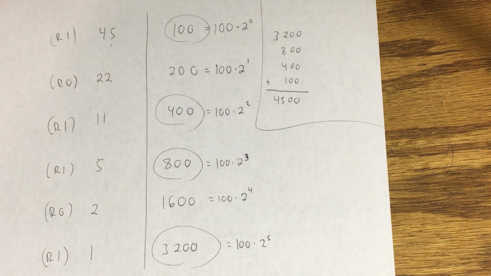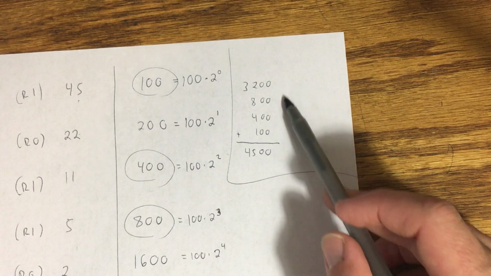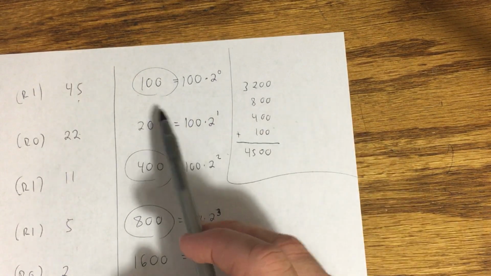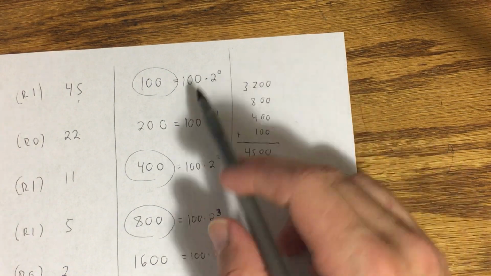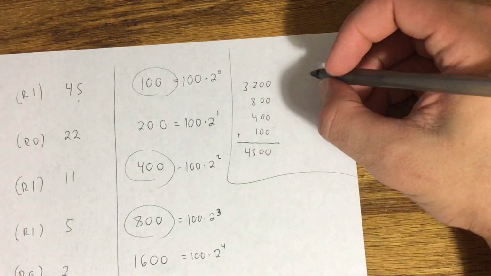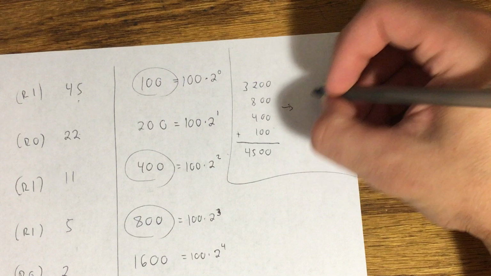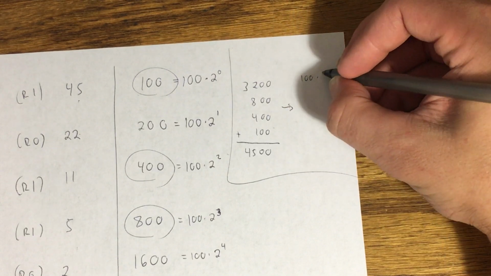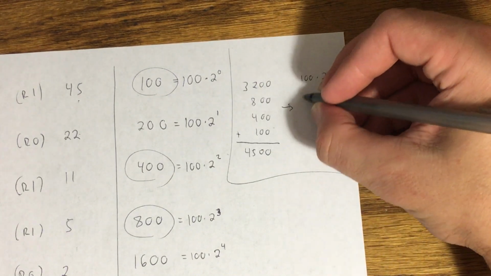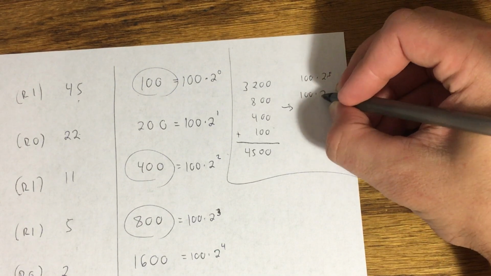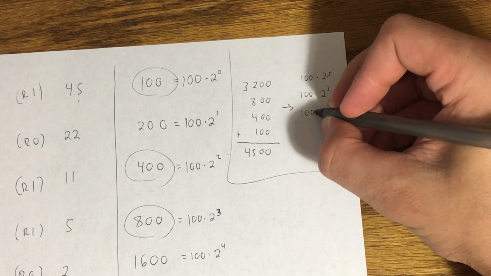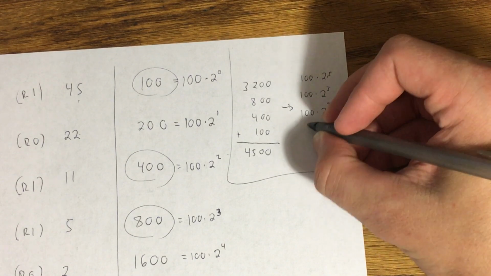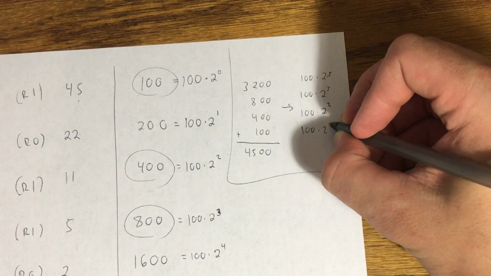Now, over here, if I were to rewrite this sum with each number in this form, 3,200, that was the way that I wrote it down here: 100 times 2 to the 5th. 800 was 100 times 2 cubed. 400 was 100 times 2 squared, and 100 was 100 times 2 to the power of 0.